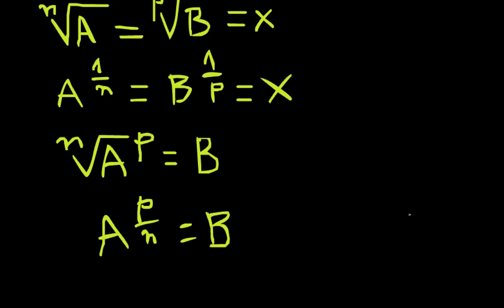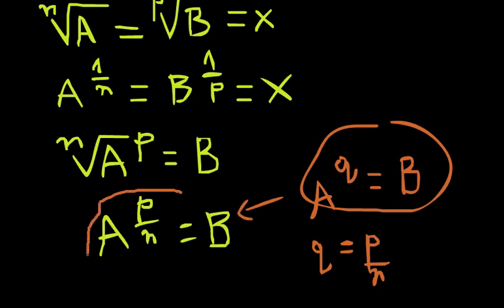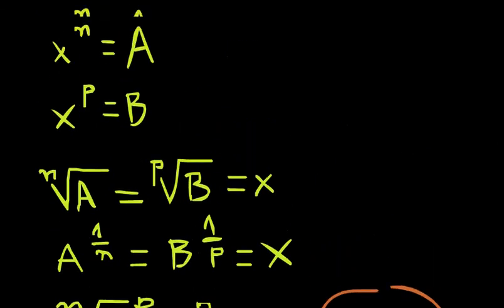Now, if we suppose that we're solving some sort of equation which tells us that a to the power of q is b, we can use the fact that this q is actually p over n and say that this equals this, which is derived from this here.